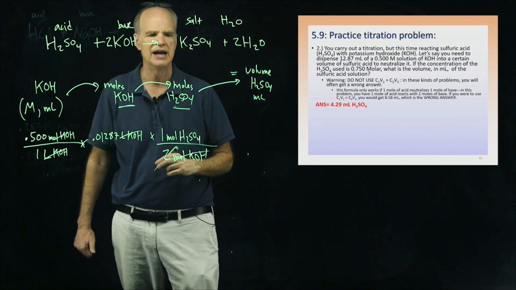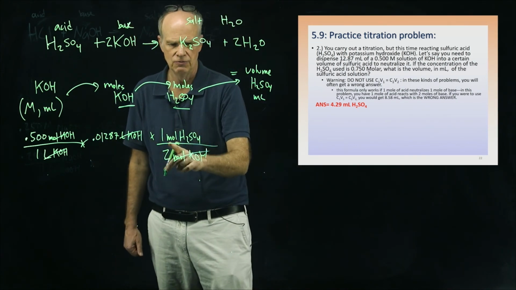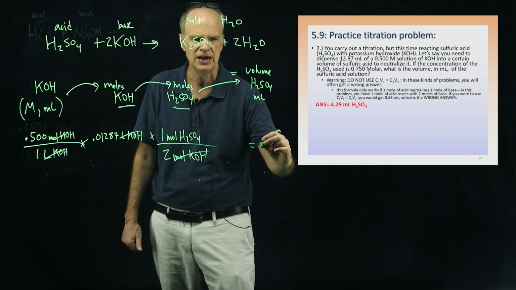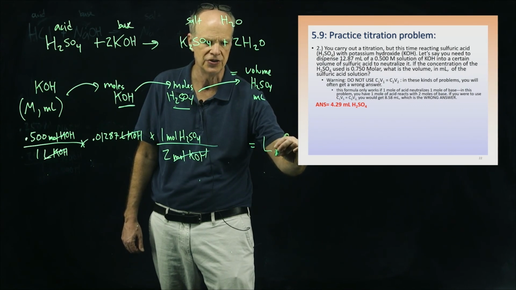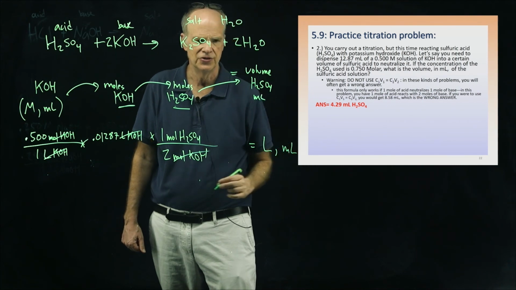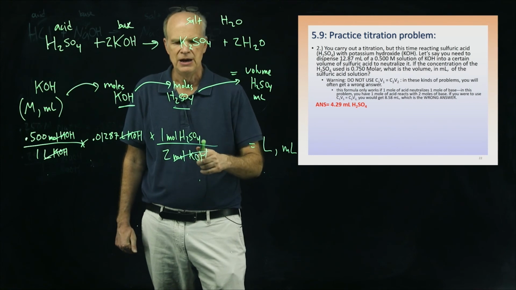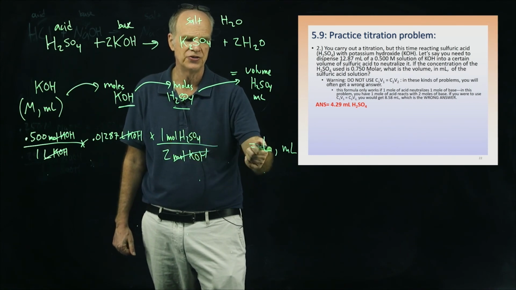So how do we do that? Okay, so our goal is to take what we have now, moles H2SO4, and get some kind of answer in volume. It may start out to be in liters, but eventually you might want to get this into milliliters. And I think we can easily do that. So the question is, how do you take these moles of H2SO4 and get this into liters?